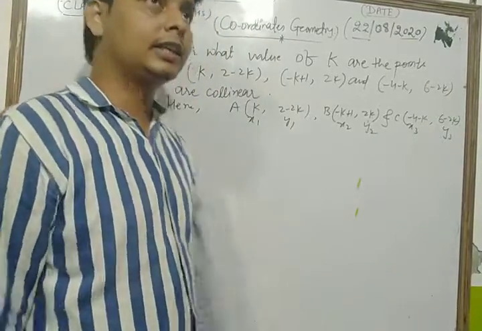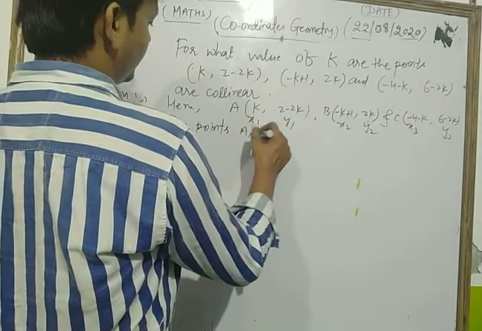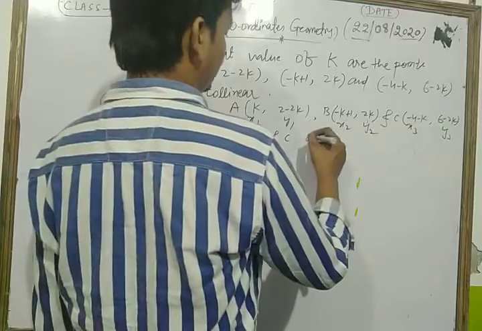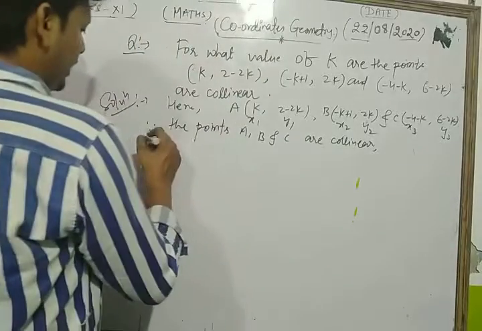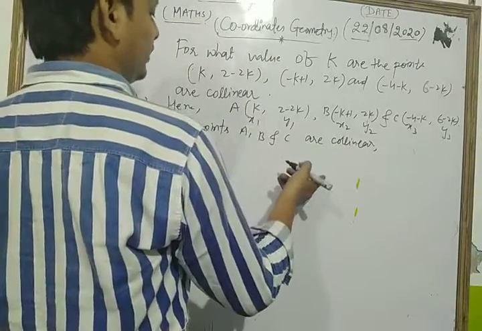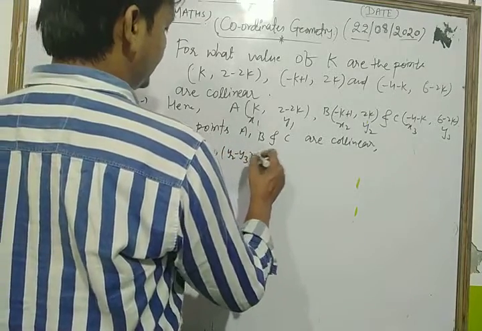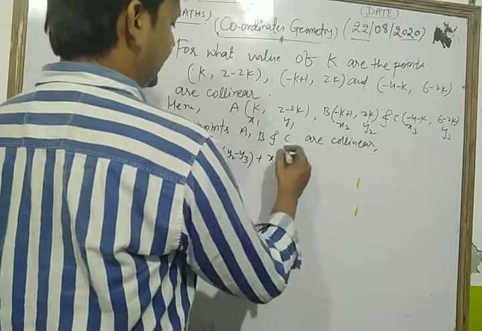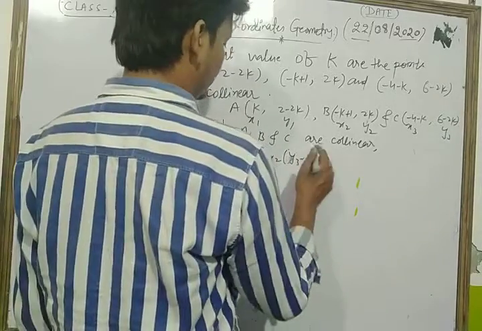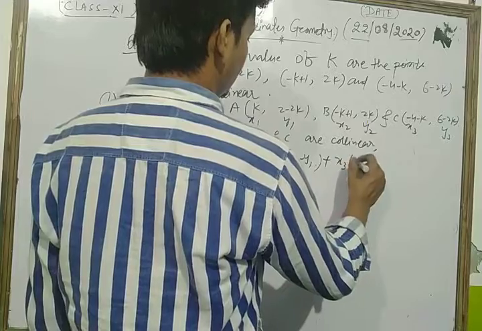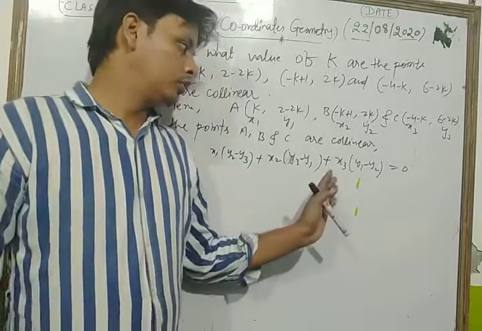Since the points A, B, C are collinear, then x1 times (y2 minus y3) plus x2 times (y3 minus y1) plus x3 times (y1 minus y2) must be equal to 0. This is the condition for collinearity.